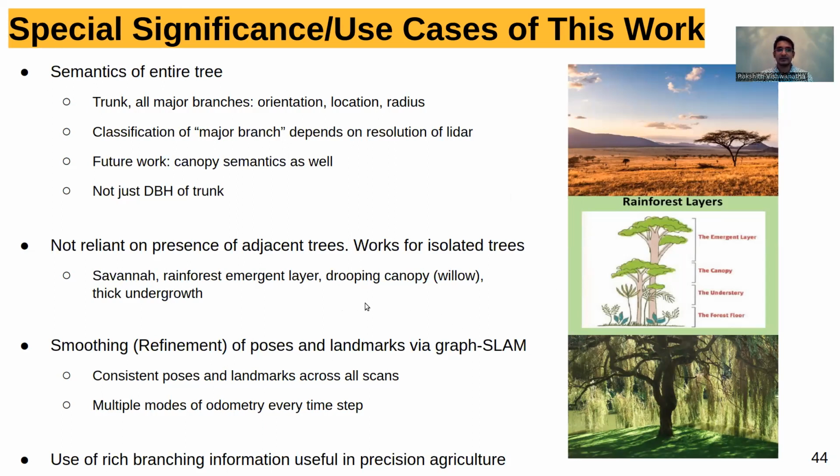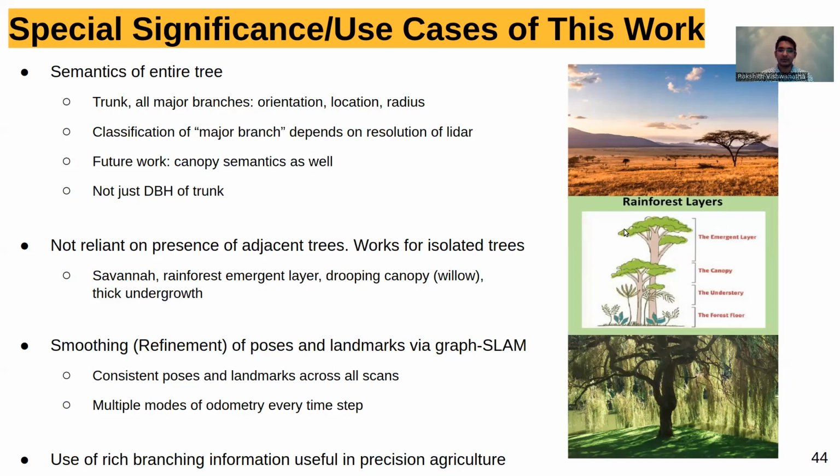Additionally, because of the use of branches as factors within the GTSAM graph, we do not have to rely on the existence of trees in the vicinity to accurately create tree maps, but we can work to map isolated or individual trees.